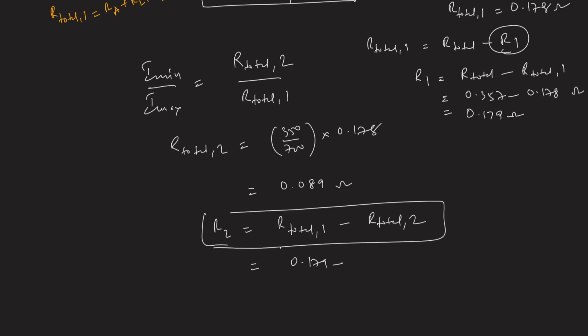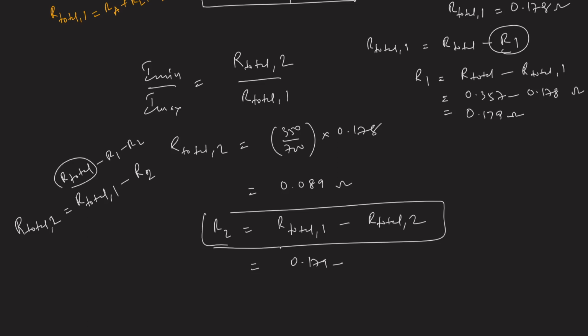R total comma 2 is equal to R total comma 1 minus R2, or otherwise R total minus R1 minus R2.